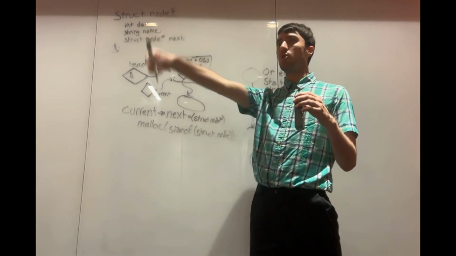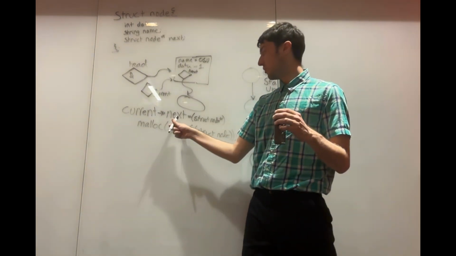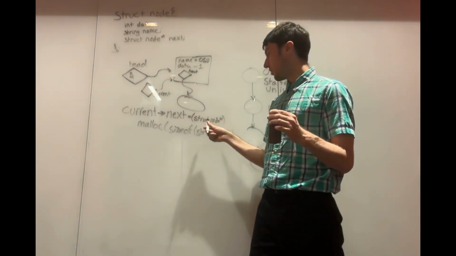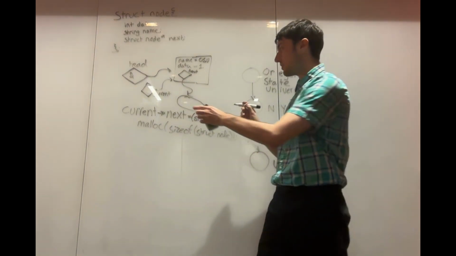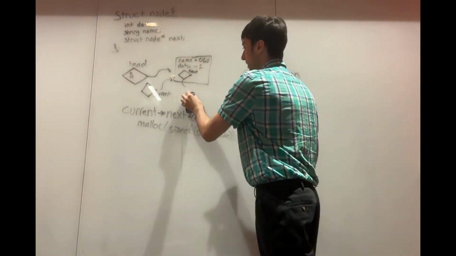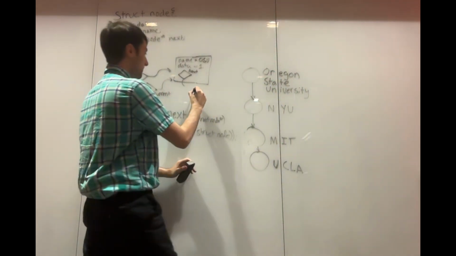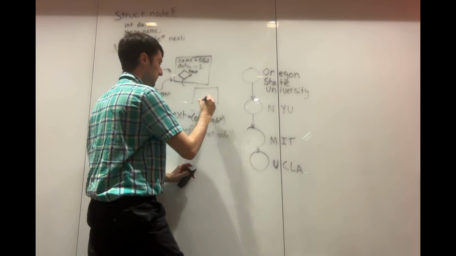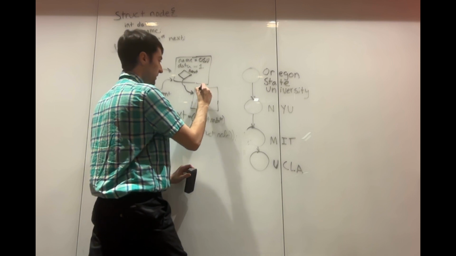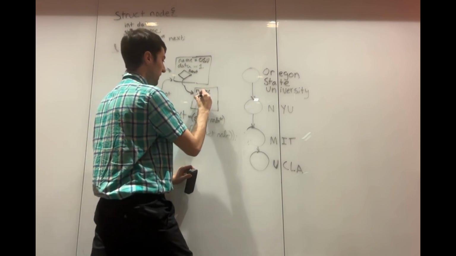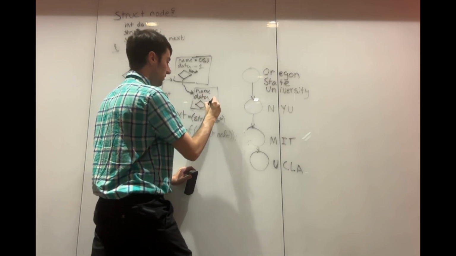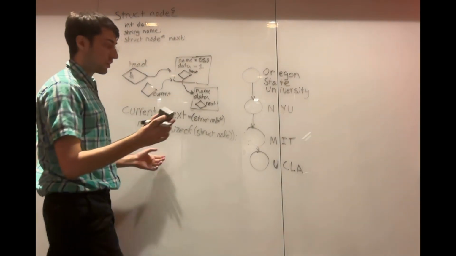Because we cast this, it's no longer just an amorphous blob of nothing. It is now another struct node, which has a name, which has data, and also has a struct node pointer called next. Okay, cool.